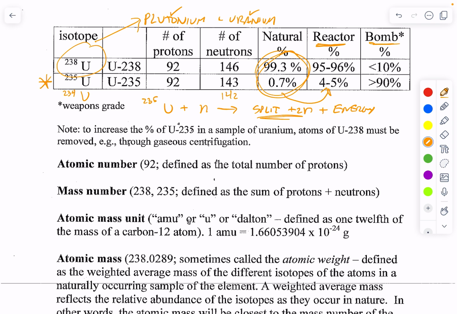Now, if we have uranium-238, let's pick a different color, and we hit that with a neutron, it just turns into uranium-239, because a neutron is one mass particle. And you might say, well, uranium-239 is boring. Well, not really. Uranium-239 can undergo a double beta decay, and again, that's for a later chapter.